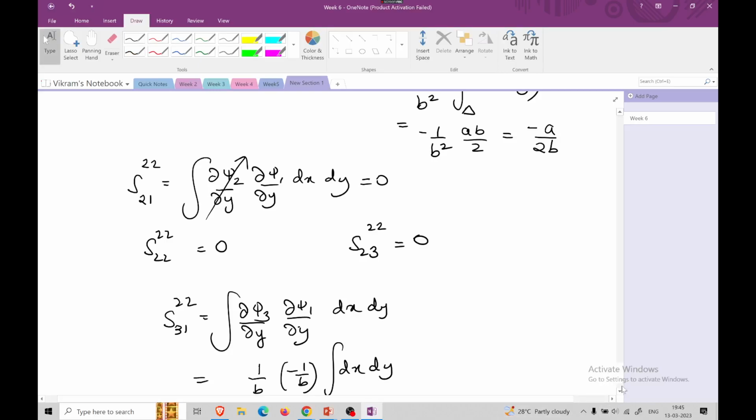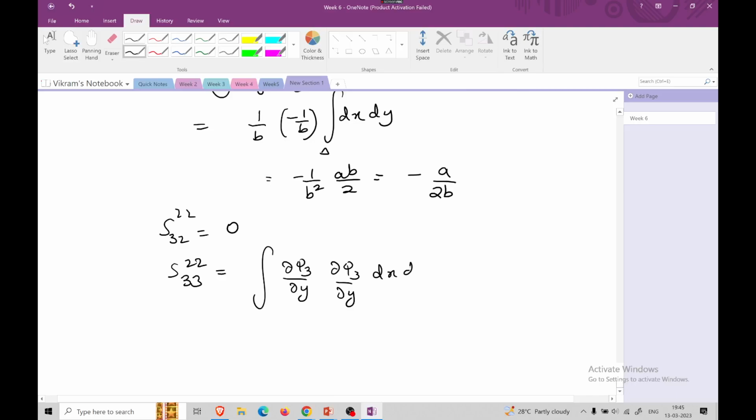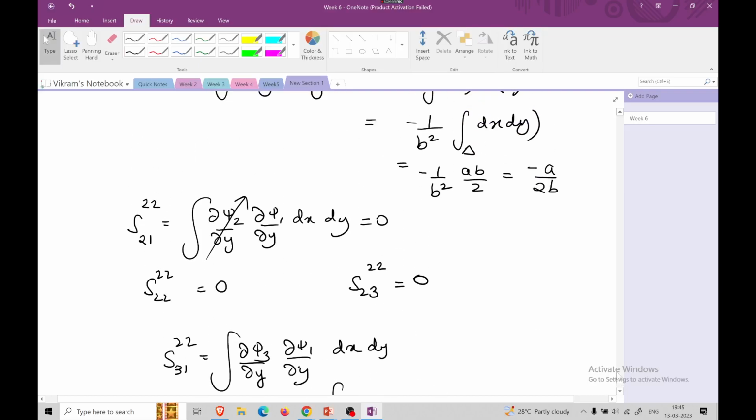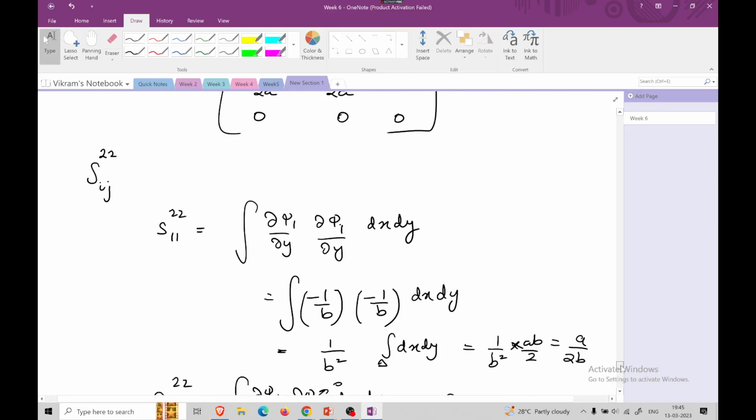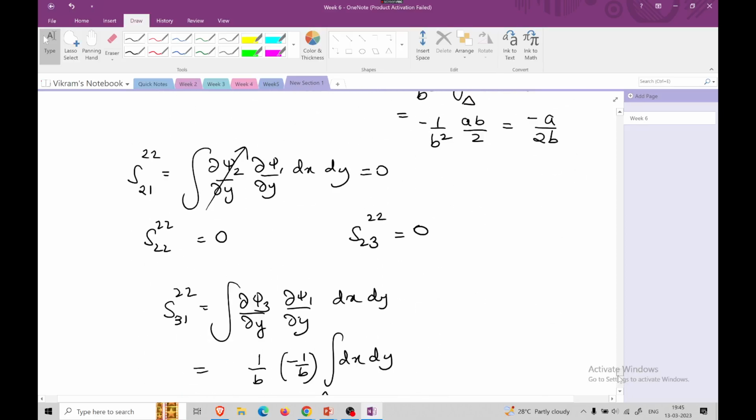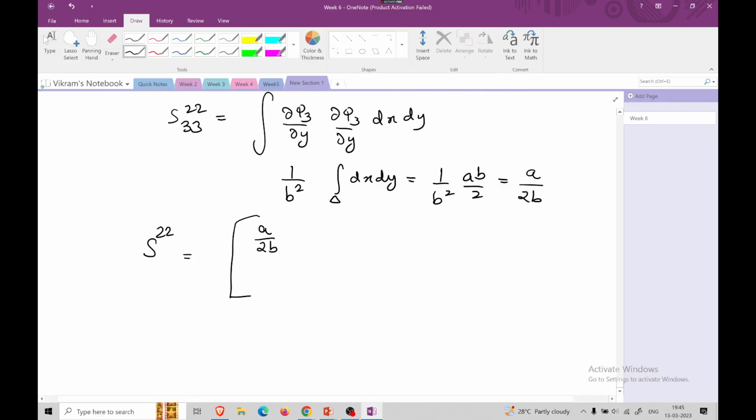This will be 1 by b square into ab by 2. So this will be a by 2b. Okay. So finally we can summarize this: S22 is a by 2b, 0, minus a by 2b. Second row was fully 0.